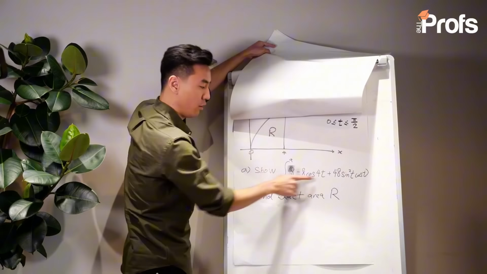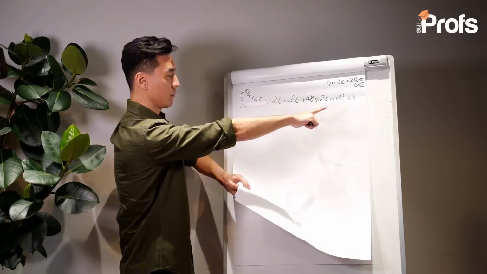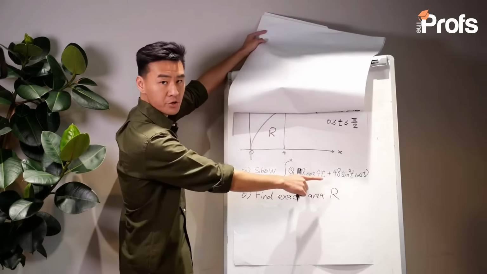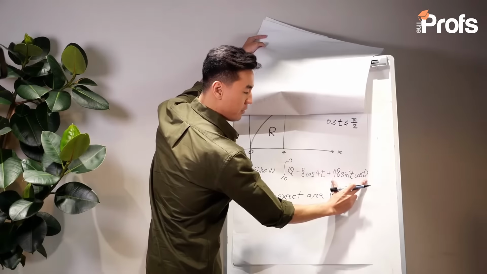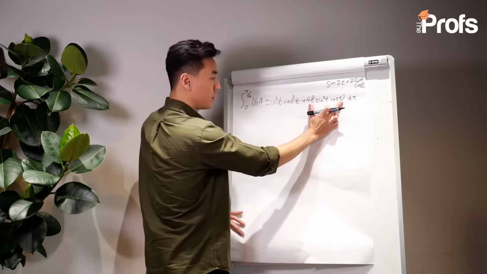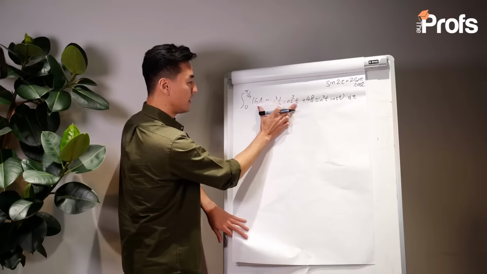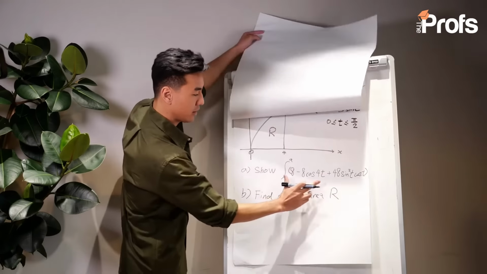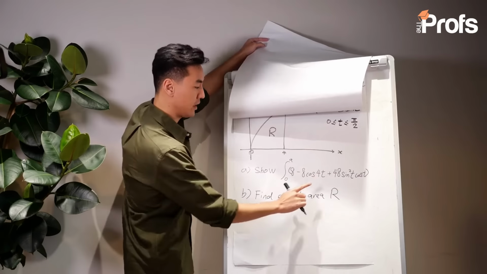This is the last line of our part A. So look at where we are right now and where we need to finish. As you can see, we've already done half of it. This part here is exactly what we've done here. So the remaining part is we've got to find a way to turn this into this. And what's the biggest difference? What's stopping us right now is this part here.